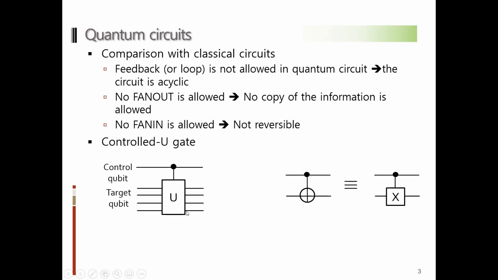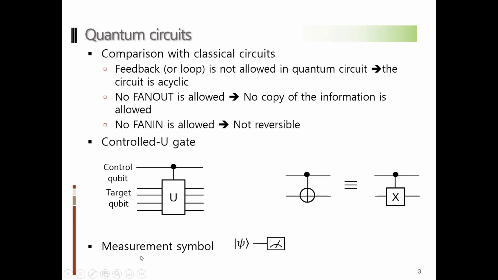It can be some other, more complex multiple qubit gate. So this kind of notation means that whether this unitary operation will be applied to this target qubit group or not is determined by this control qubit. That is what this notation means.